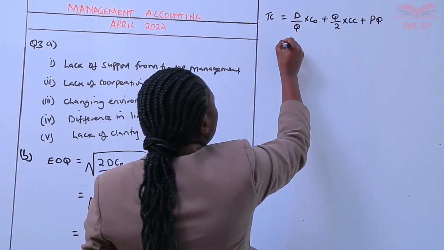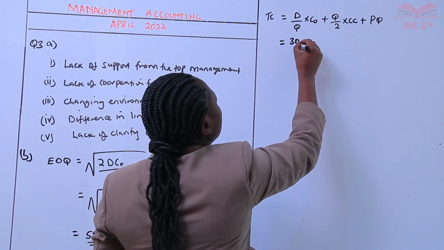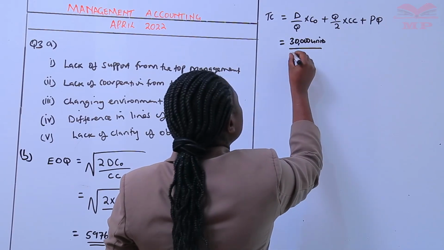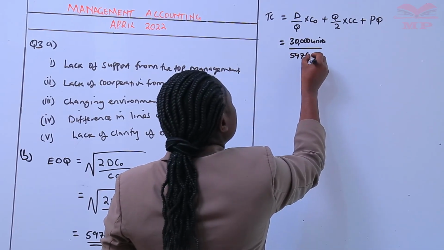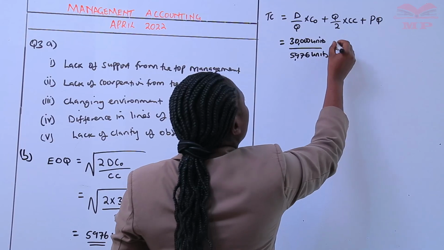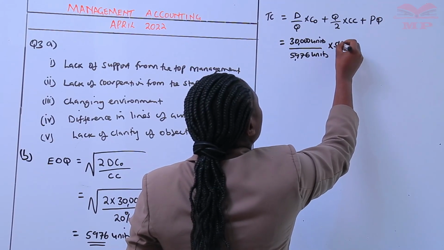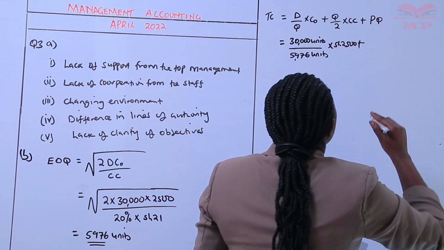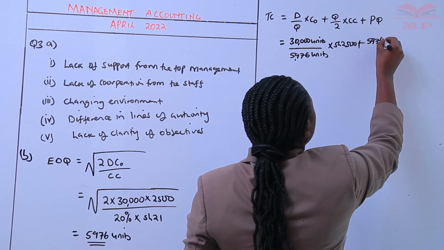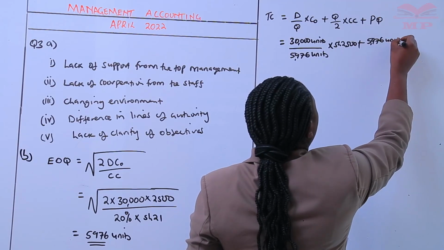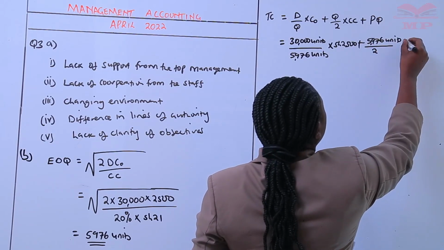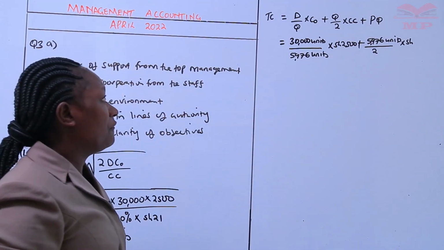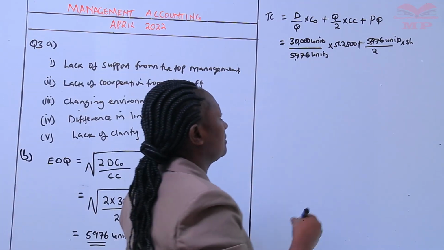So to substitute this with figures, we'll have 30,000 units divided by the EOQ, which is 5,976 units, times the ordering cost of 2,500 shillings, plus Q, the order quantity of 5,976 units, divided by 2 times the holding cost, which was 20% of the purchase price.